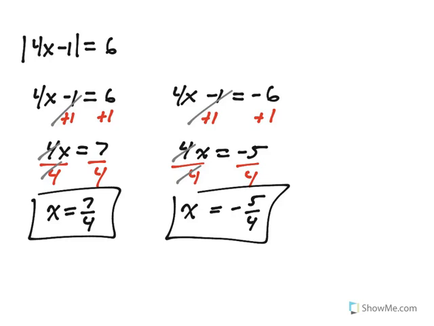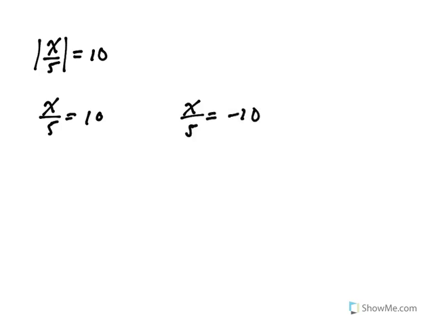Okay, so another example, all right. Solve the absolute value of x over 5 equals 10. So what we want to do is set two equations, one that equals positive 10 and the other that equals negative 10.